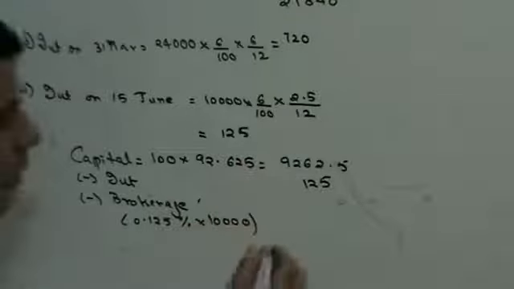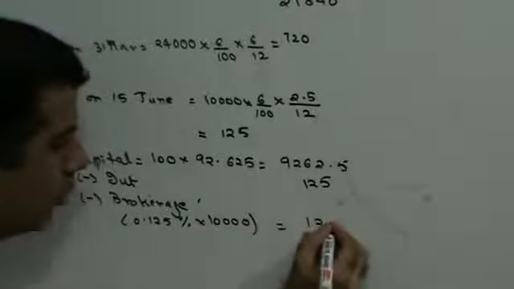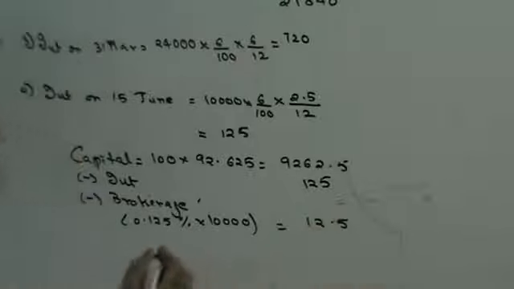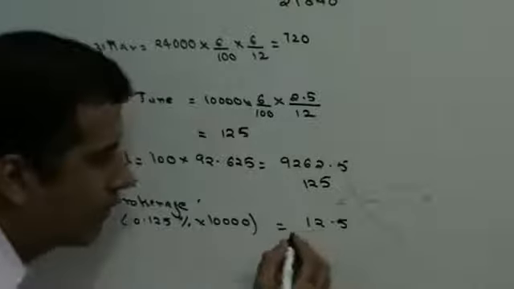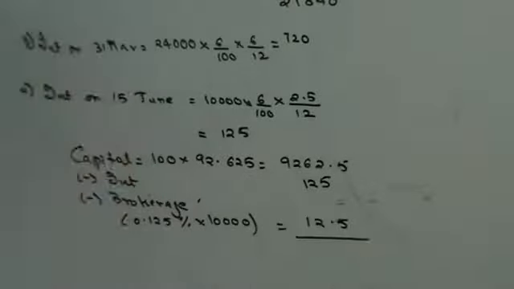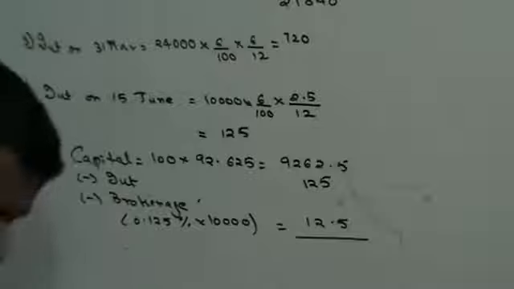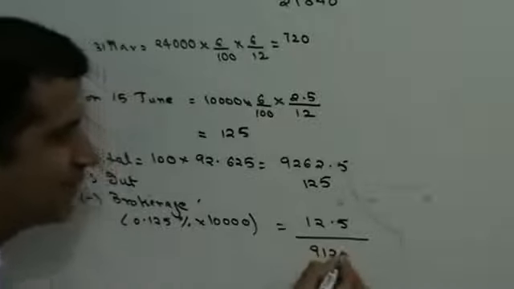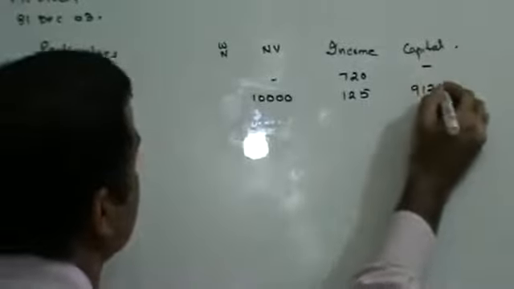So it's 12.5. Someone please do this calculation and tell me how much. 9125. So my interest is 125 and capital value is 9125.